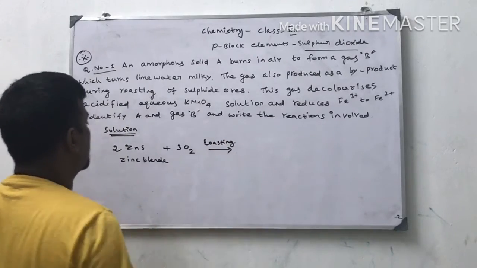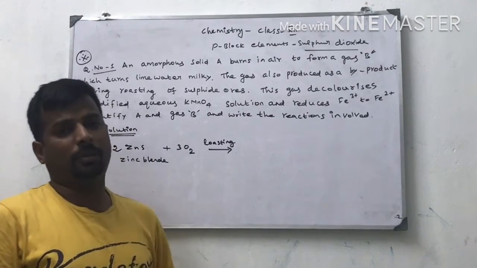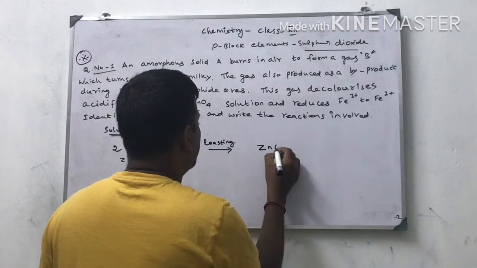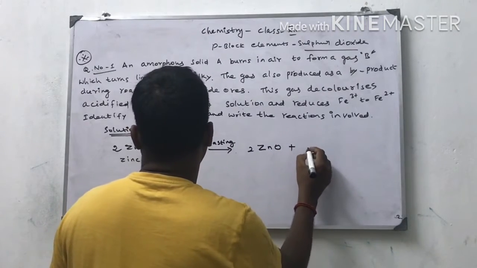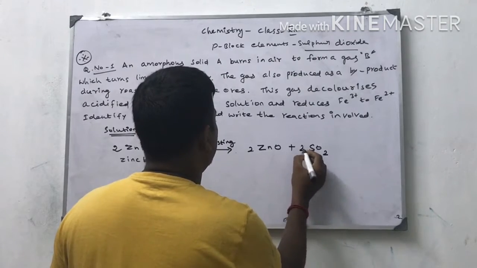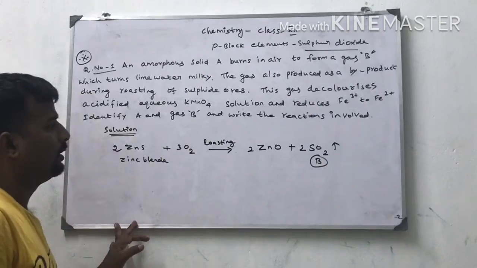Zinc blende heated in the presence of oxygen gives zinc oxide, 2ZnO, plus 2SO2 gas. So B is sulfur dioxide.